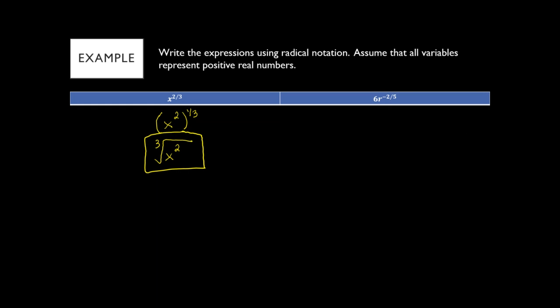Now the one on the right here, 6r to the negative 2/5. So we want to write this with a radical. So first off, the 6 is not part of this. So this is 6, and then we have, I'll put in parentheses, r to the negative 2/5.